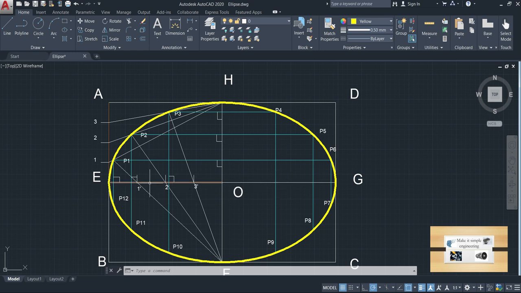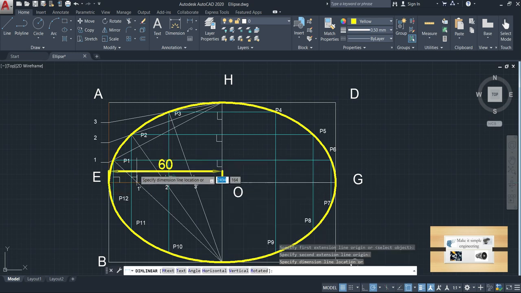So the distance F1H will be equal to the distance EO, that is the semi-major axis. For that you have to measure the distance. First the EO distance, which is shown here as 60 mm.